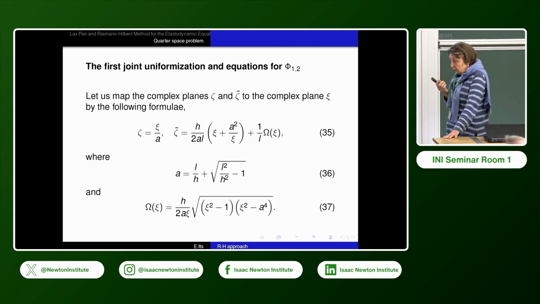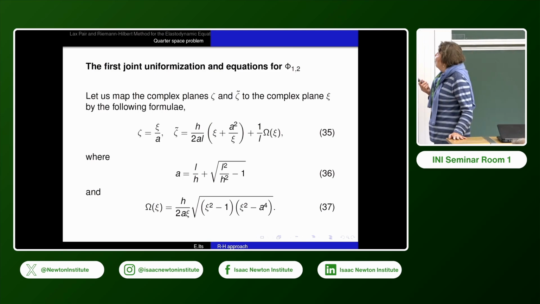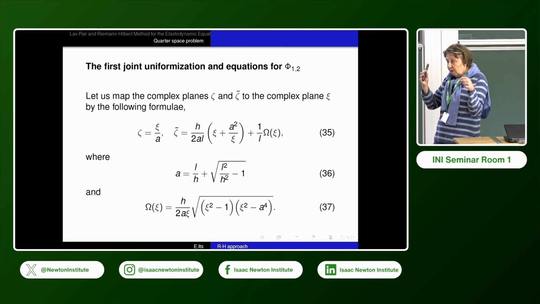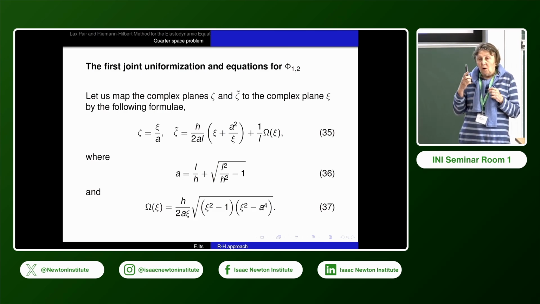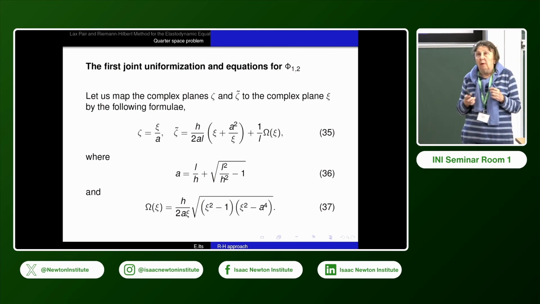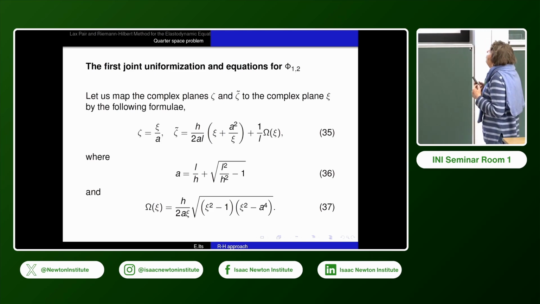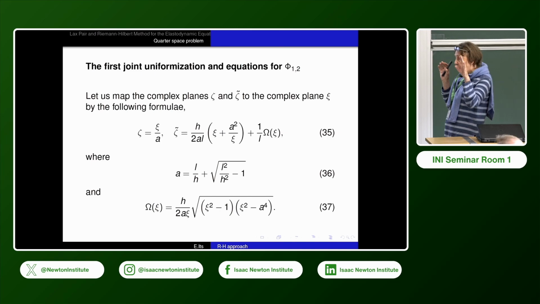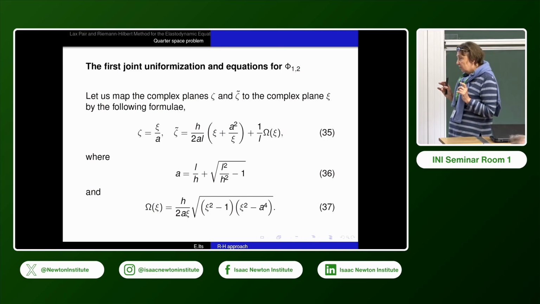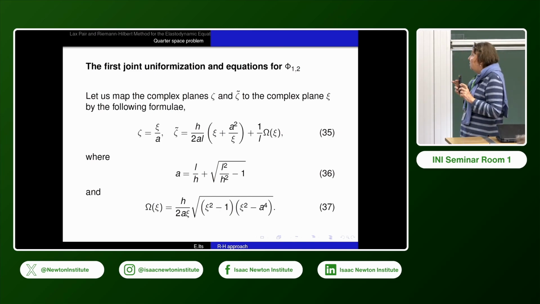We are choosing the new complex plane and move both solutions to this complex plane. And this complex plane is chosen based on the fact that we want phi1, phi2, and psi1 and psi2 functions to be the same.